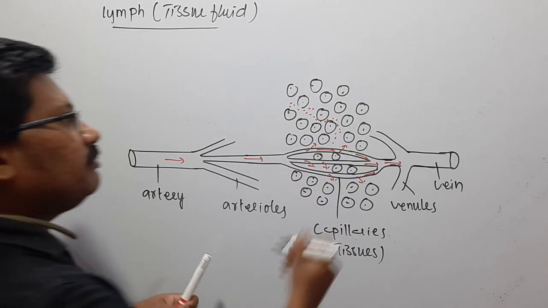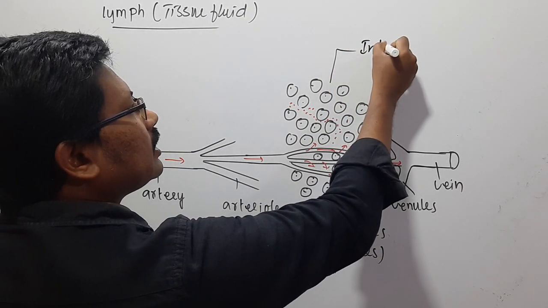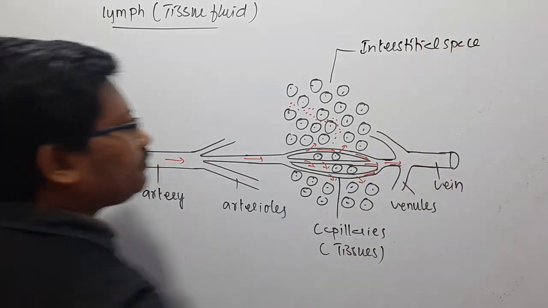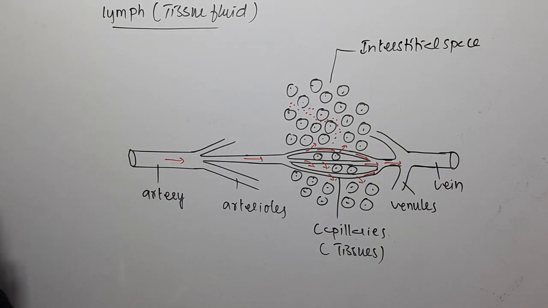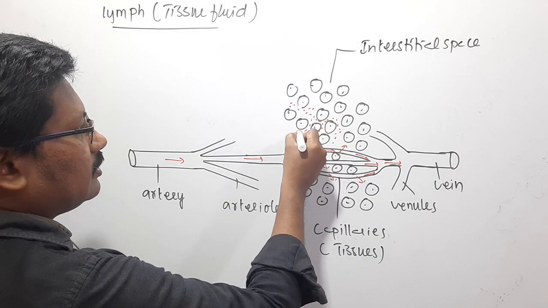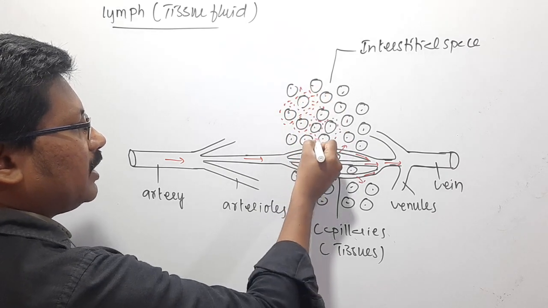The space between these cells is what we call interstitial space. It's an interstitial space, and into this interstitial space the fluid enters from the capillaries.